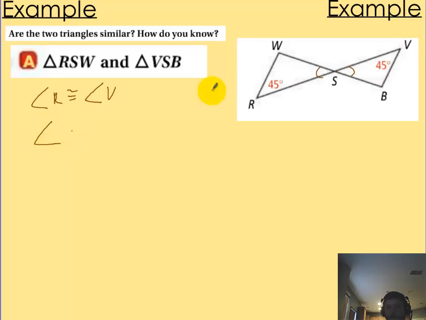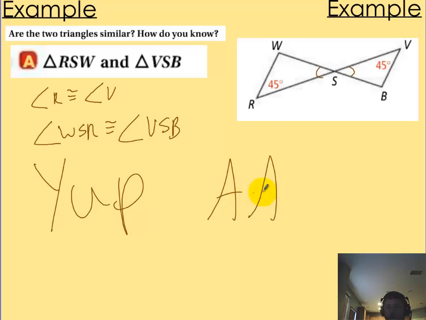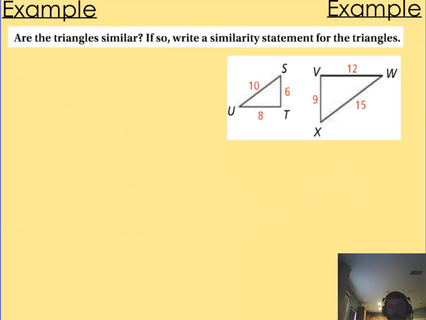And angle WSR is congruent with angle VSB because they're vertical angles. So we have an angle and an angle, and guess what? That's all we need because of angle-angle similarity. Are the two triangles similar? Yup. How do we know? Angle-angle similarity. Next one. Pause the video.